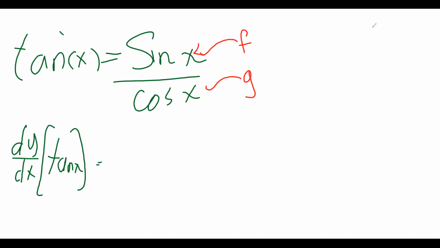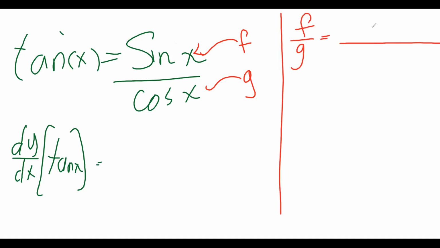And if I want to find the derivative of f over g, by the quotient rule, we said it is g squared in the denominator, and in the numerator g f prime minus f g prime. Is it right? Yes. Let's use it here now.